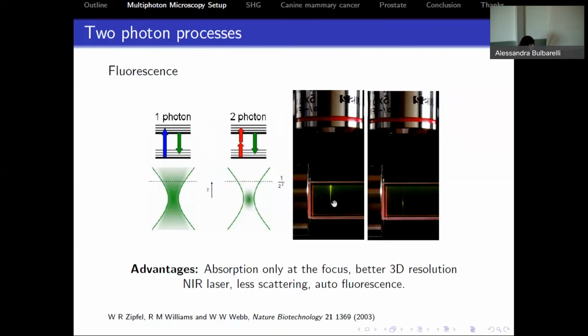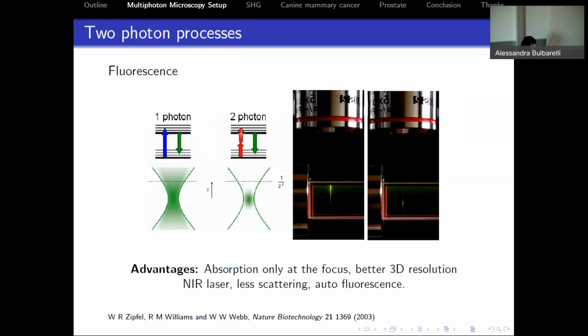As shown in this image, that's an image showing a continuous laser in a cuvette with a dye. So we can see the fluorescence all along the laser path until the focus. But if we have a very intense pulse, we can have 2 photon absorption instead of this process happening with just 1 photon.